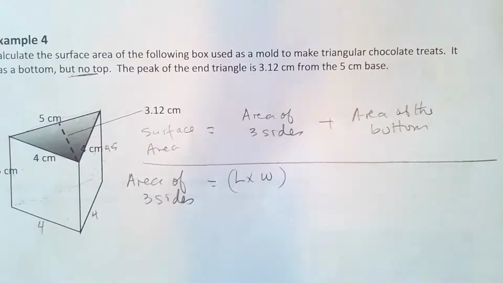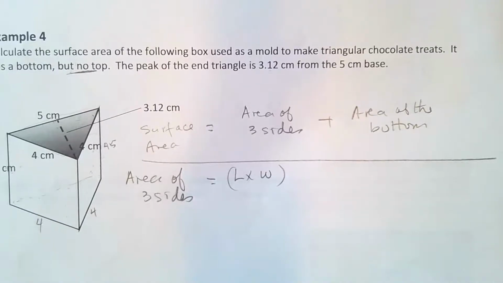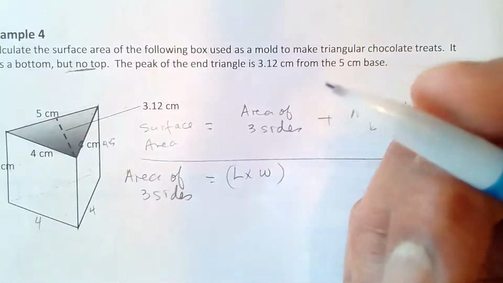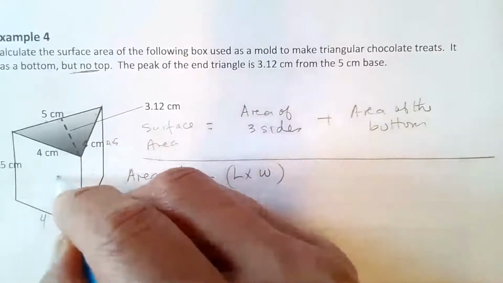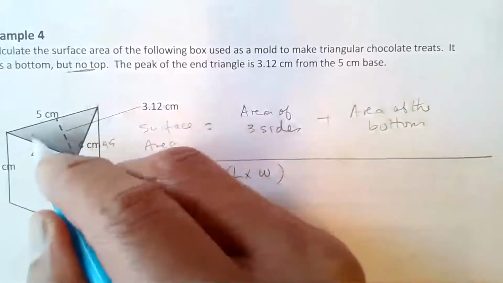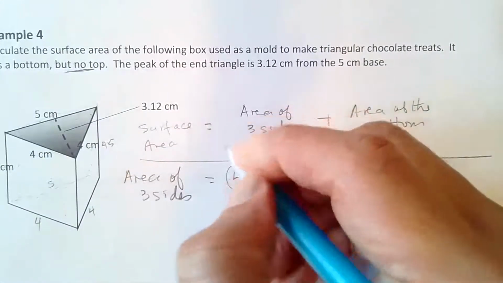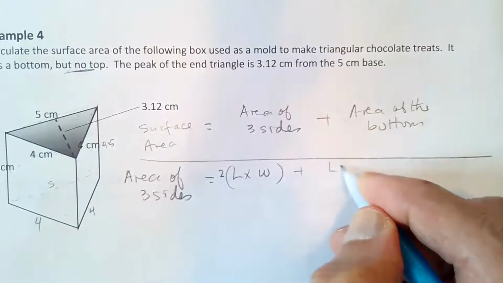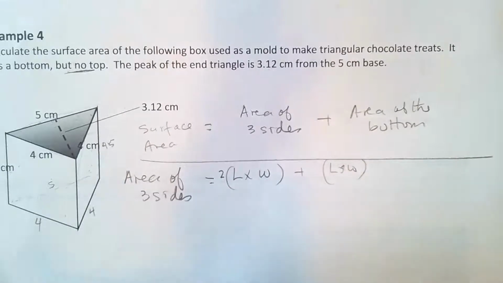We find it for 3 sides. 2 sides are the same, and the other side is 5, so it's longer. So the back side is 5 times 4.5.